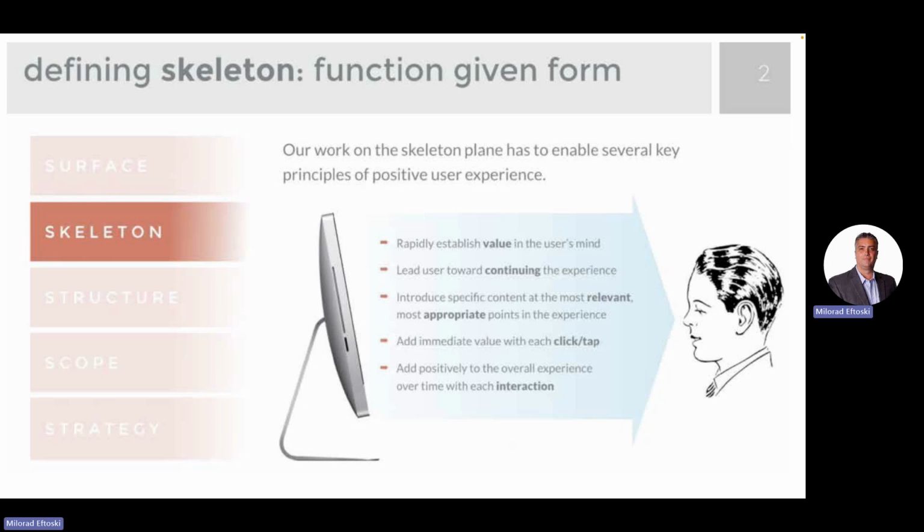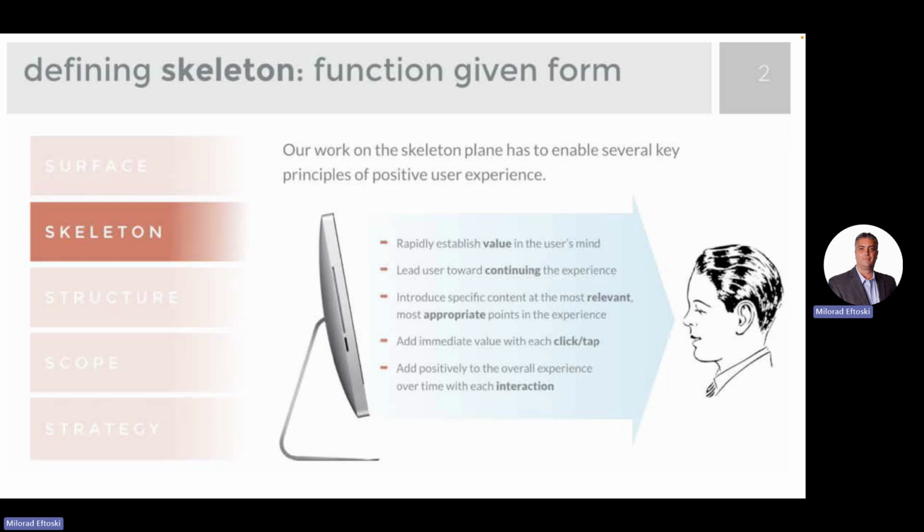And we all know this quick review on the perception of the user. The work of the skeleton has to enable several key principles for a positive user experience. So these are things you have to do, like a checklist when you do your app or website. You have to ask yourself these questions, because if you don't, no one's going to do it for you.